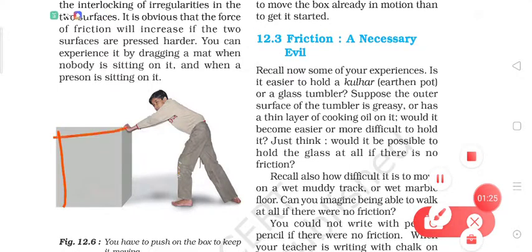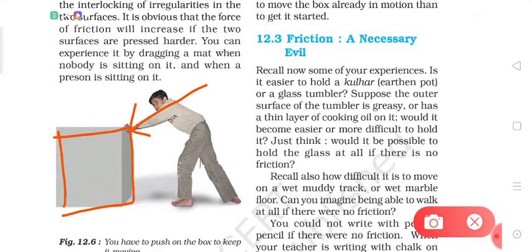Suppose this is a heavy box and you are trying to push the box to move the box. You will feel that you will have to apply a larger amount of force to bring the box in motion or to start the sliding of the box.